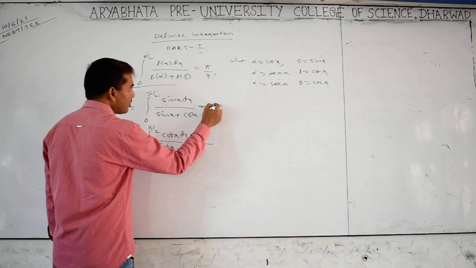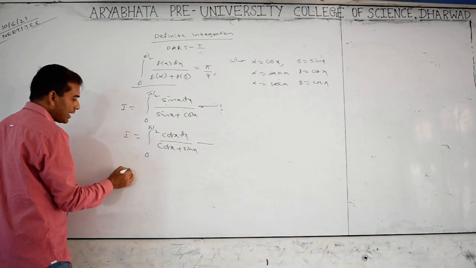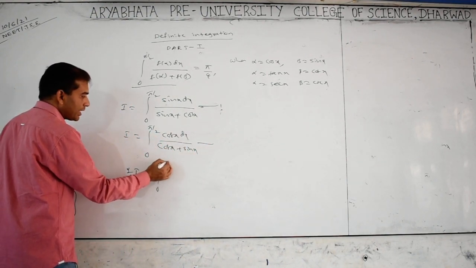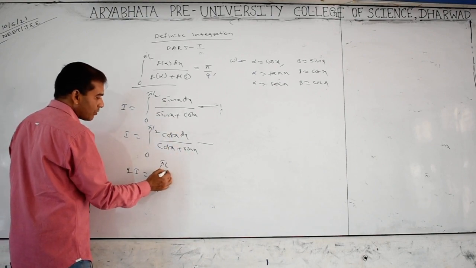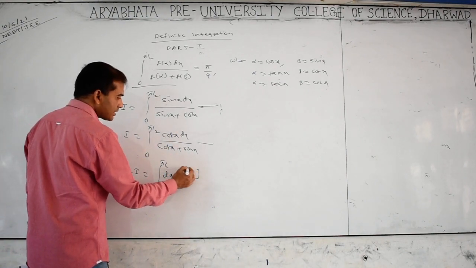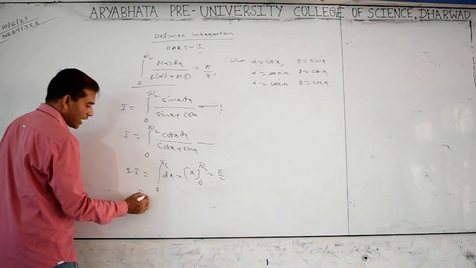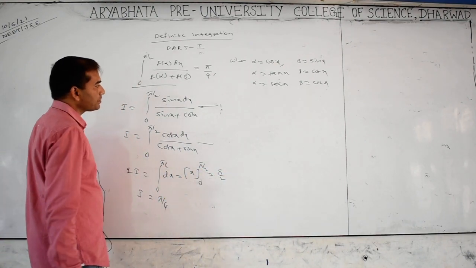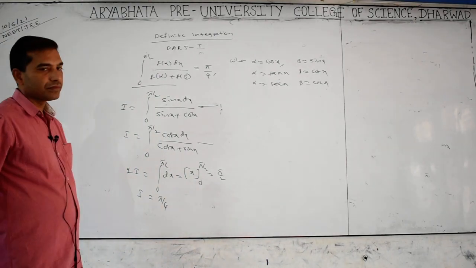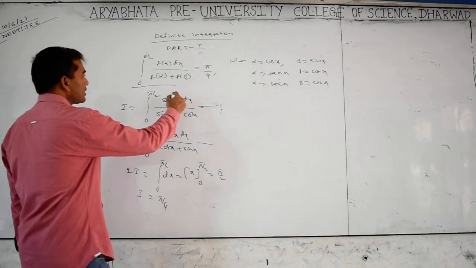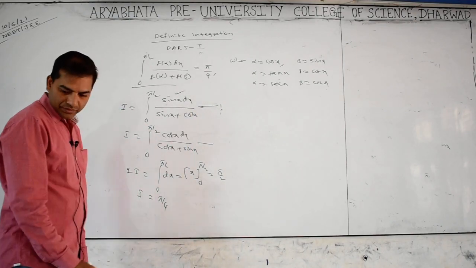Then add both, you will get 2I on the left side, and on the right the numerator adds up and gets cancelled, 1 dx, which is equal to x, limit 0 to pi by 2, that is pi by 2. So I is equal to pi by 4. By seeing this, within a fraction of a second you can identify the answer.